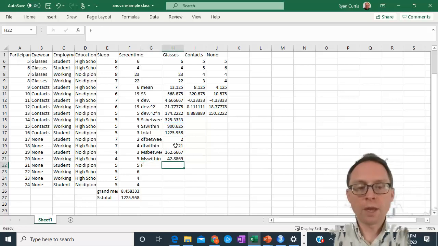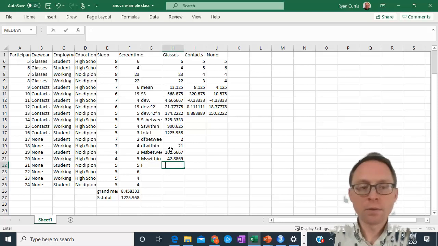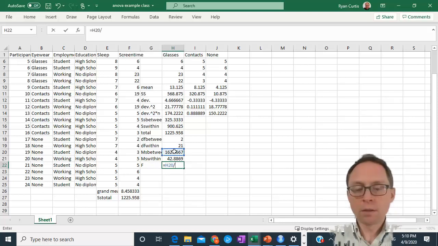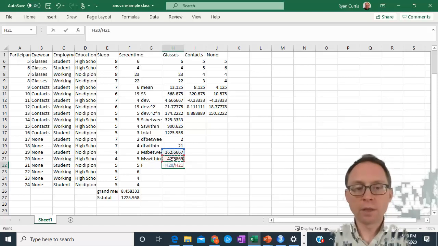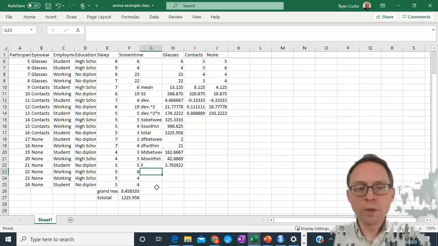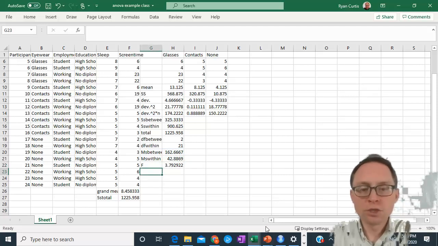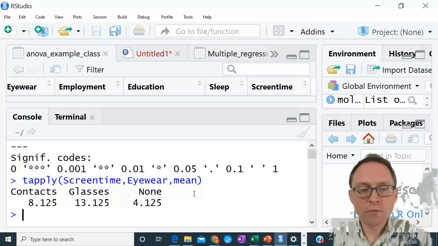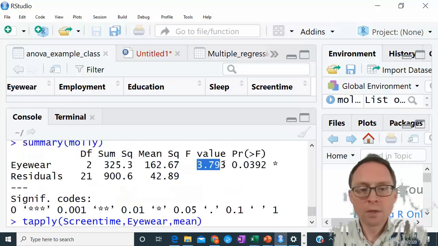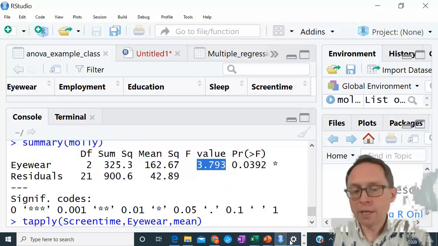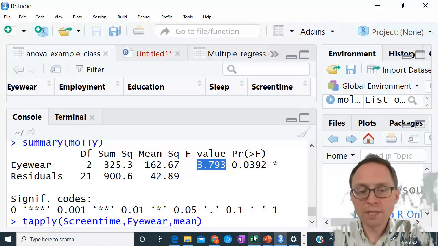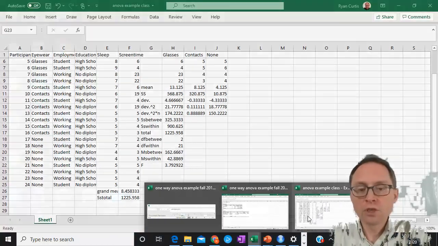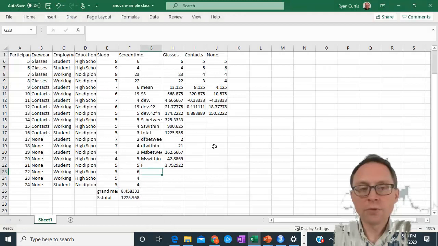And then we get F as the mean square between divided by the mean square within. 3.792. Let's see if that's the same as what we got over here. Is it the same? 3.79, and then they rounded that last one to 3. So that is correct.